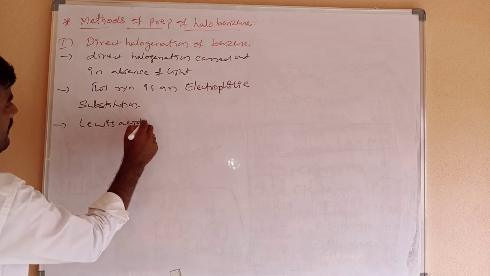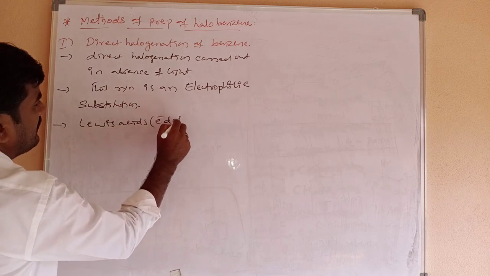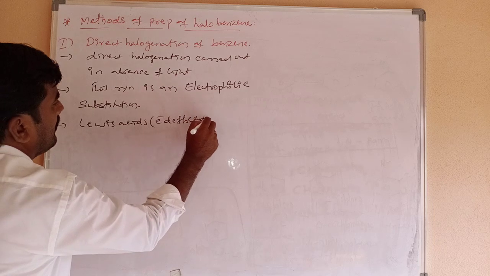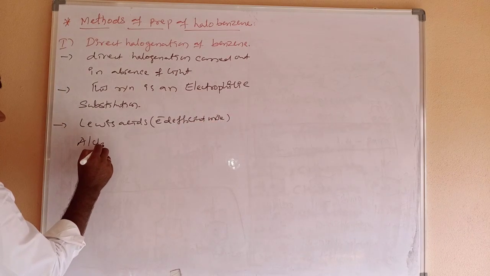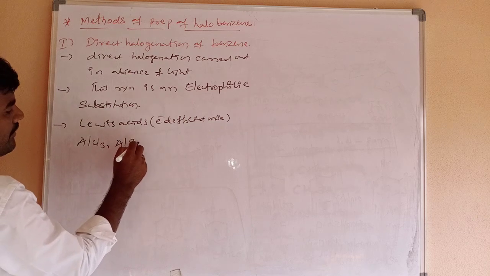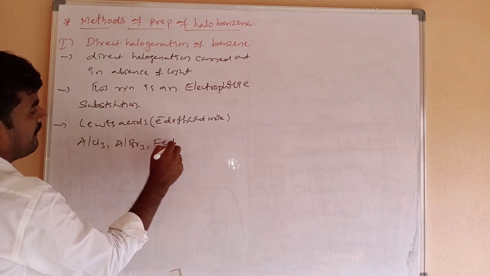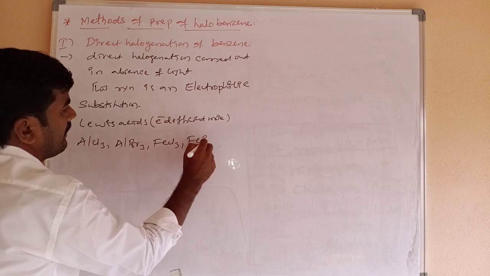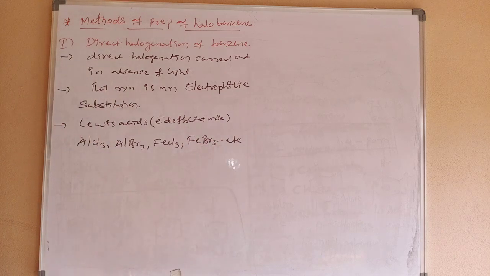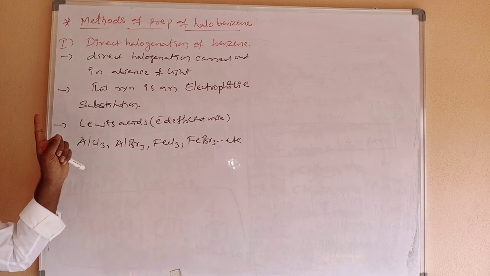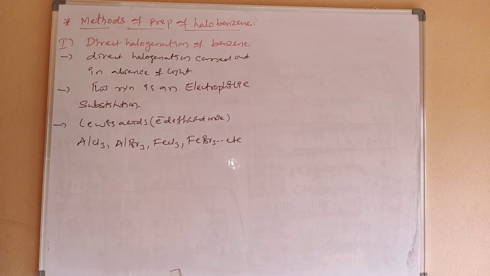Lewis acids are electron deficient molecules like AlCl3, AlBr3, FeCl3, FeBr3, etc. These all act as Lewis acids. In the presence of Lewis acid, direct halogenation of benzene takes place.